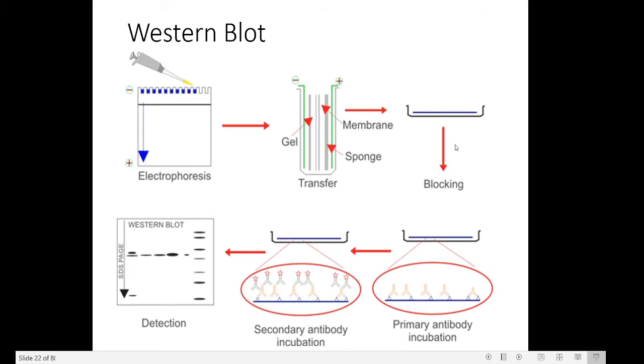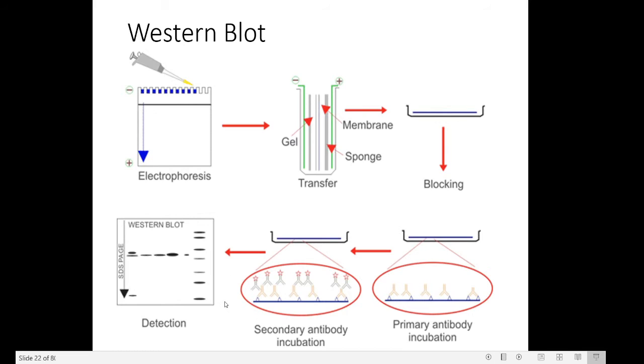Then blocking means that we want to avoid the movement of protein in the membrane. So we do the blocking, followed by primary antibody incubation. If there is a specific interaction in the membrane, the antibodies are placed over the membrane. Then a secondary antibody specific for the primary antibody is added.